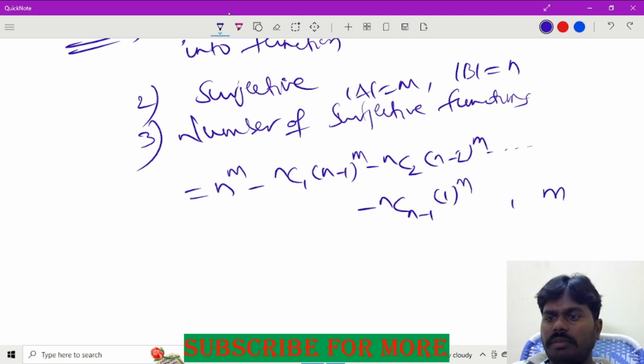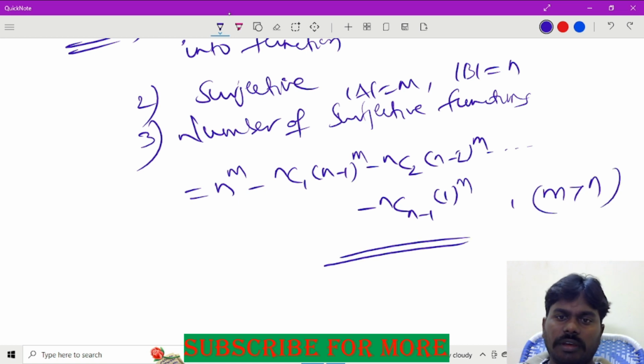Here m is greater than n. So we have to use this formula to find the number of onto functions from set A to set B. Then we will get the answer. So this is about the onto function.